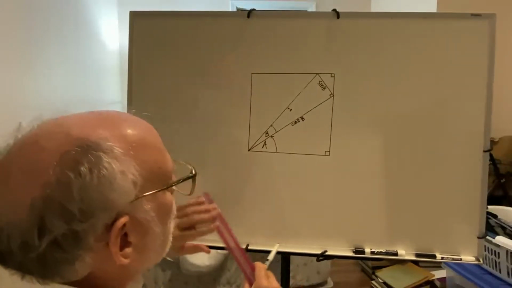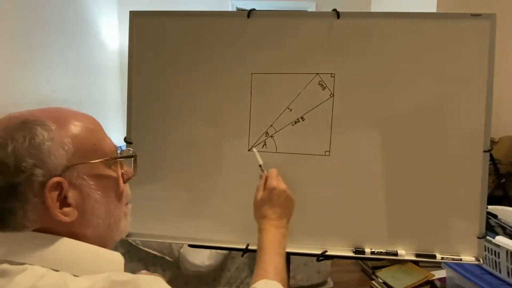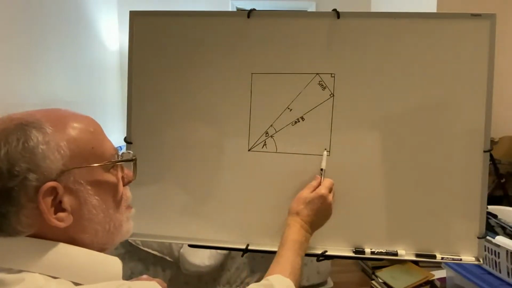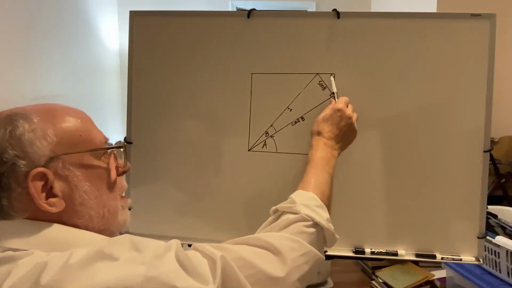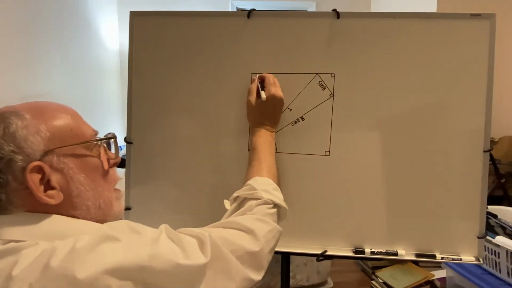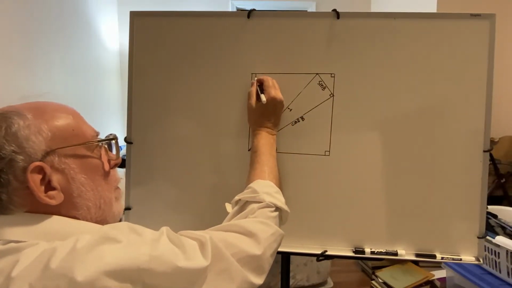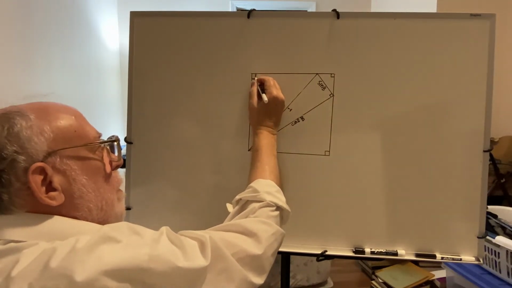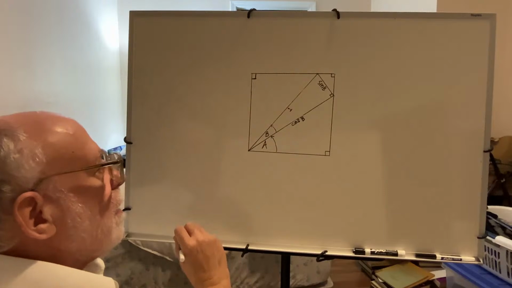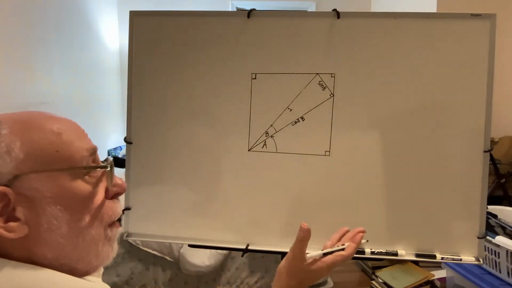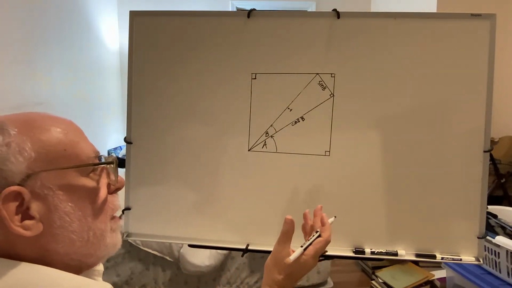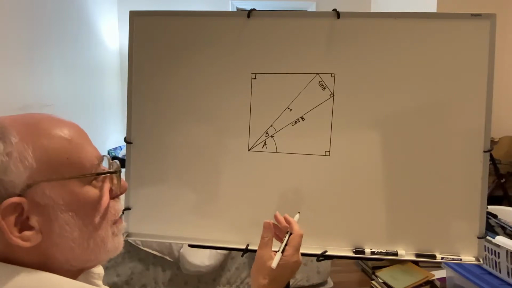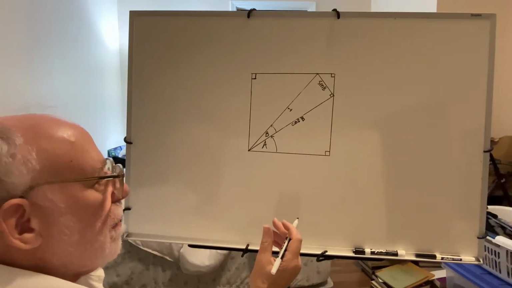Now, this is a perpendicular to the base, so this is 90 degrees, this is 90 degrees, this is 90 degrees. Three right angles in a quadrilateral means that the fourth angle is also a right angle. If you have 3, you must have 4.